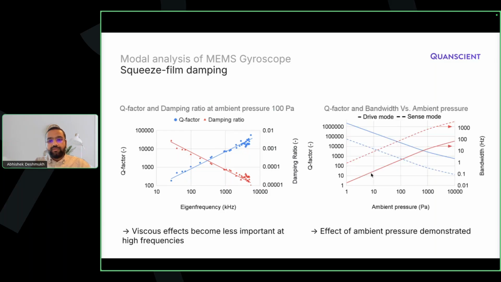Then what we did in this case was vary the ambient pressure to study the impact on bandwidth in addition to Q factor. So the bandwidth and Q factor go together. When the Q factor increases, bandwidth is decreasing, which is quite understandable.